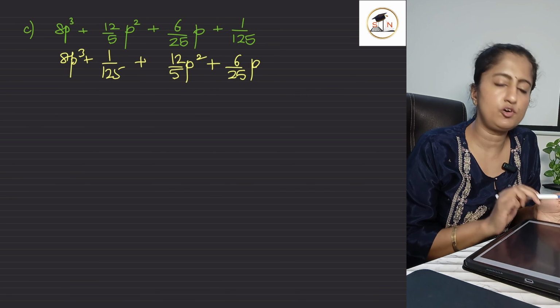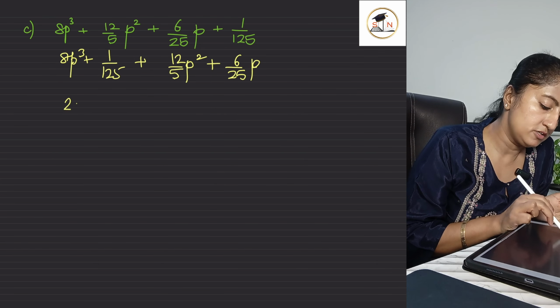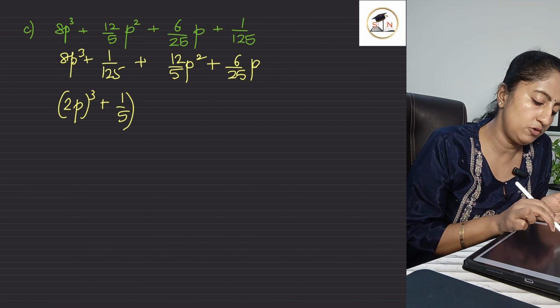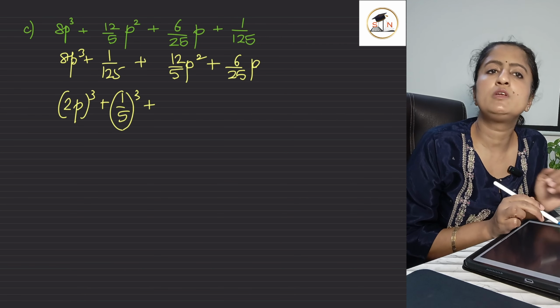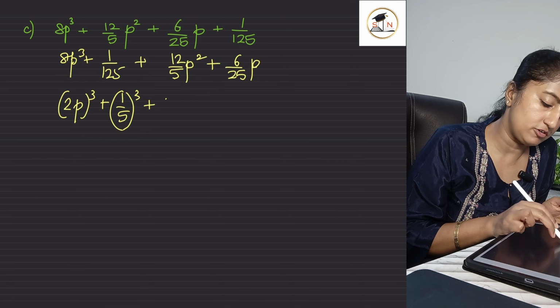Okay, now you have got your first two perfect cubes. We will do the cube root. So (2p) whole cube plus (1 by 5) whole cube, and after that, since we know our identity, we will just write it in the flow and then cross check.